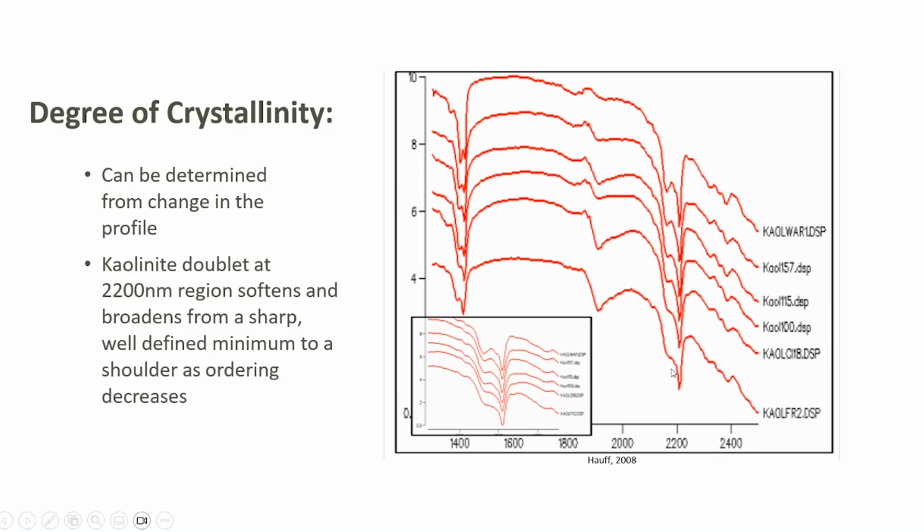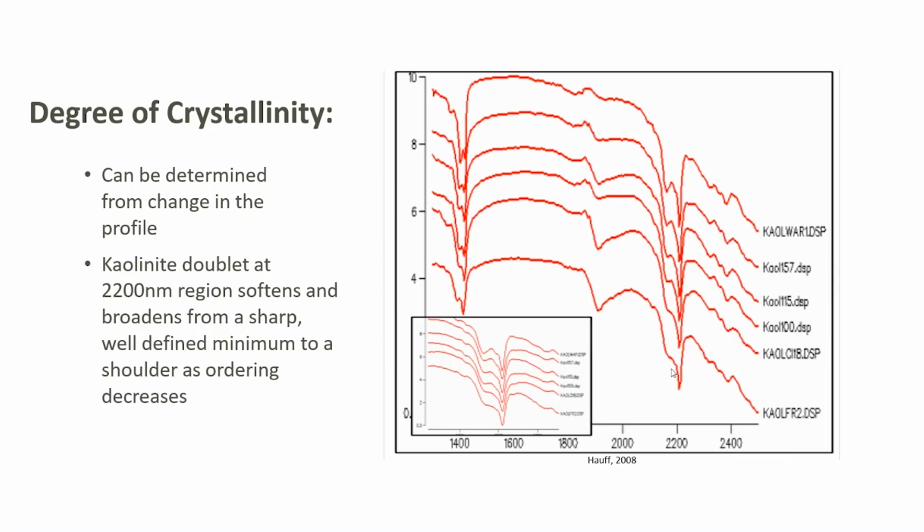So this change in profile essentially tells you that you go from a well-defined minimum to a shoulder, and you can see how the ordering decreases. This change in profile can be mathematically defined, and you can even use it as an index. You'll see later on in the demo, we actually have a kaolinite crystallinity index scalar that I'll show you.